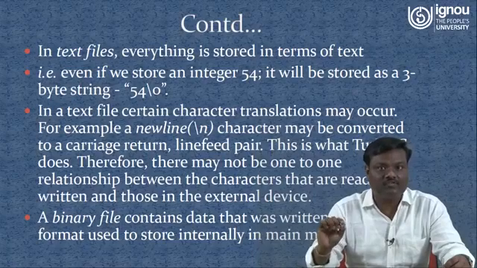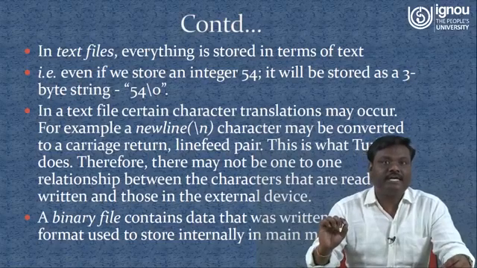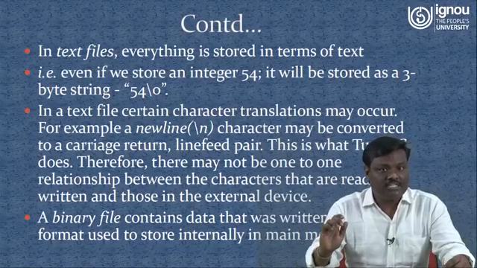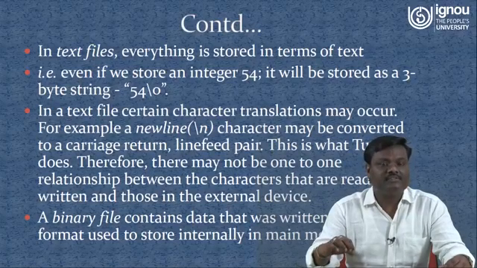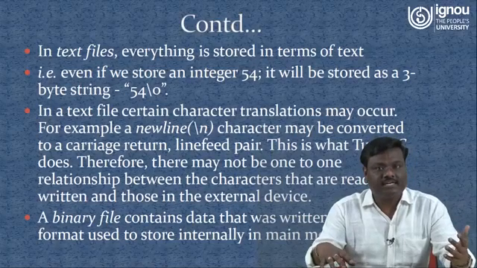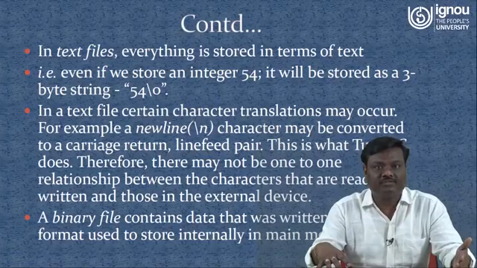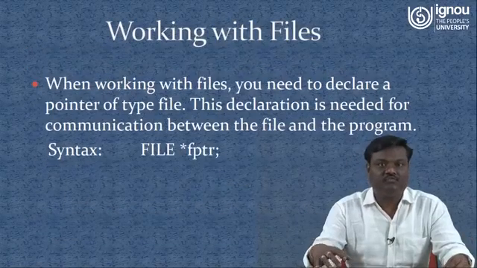That is the end of line. But for the end of file, it is EOF. So a text file is nothing but the whole items are text items, and a binary file contains data that was written in the same format, but it is not in the form of text, however in the form of binary values, that is zeros and ones.